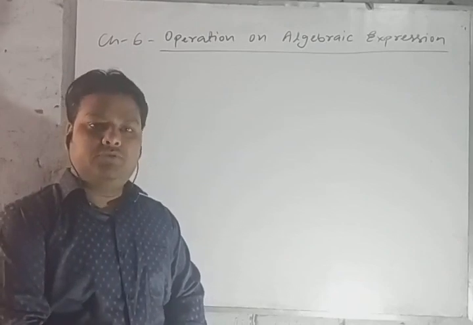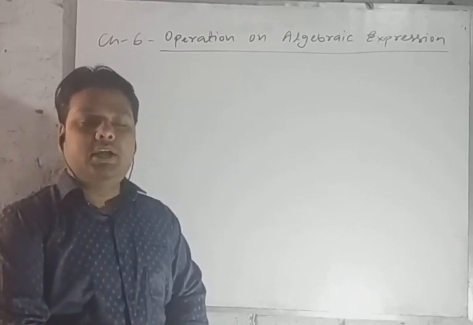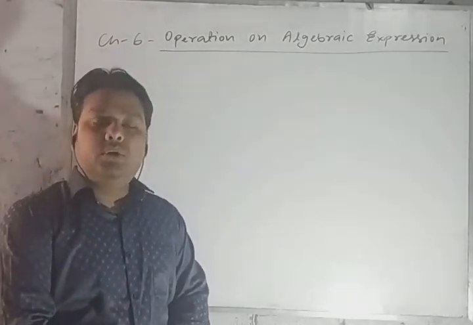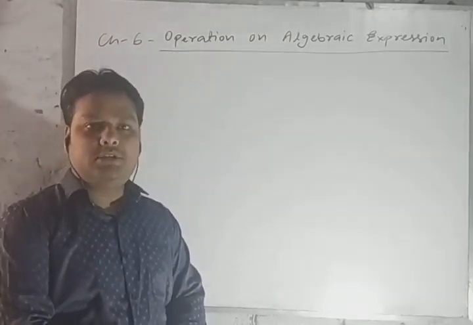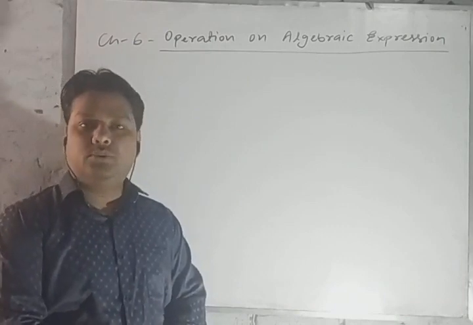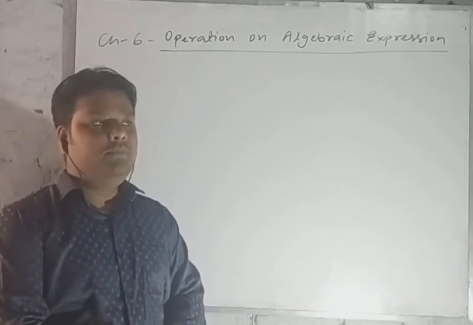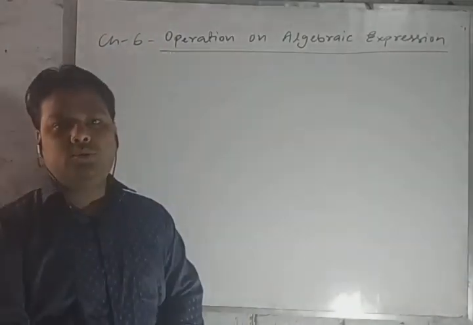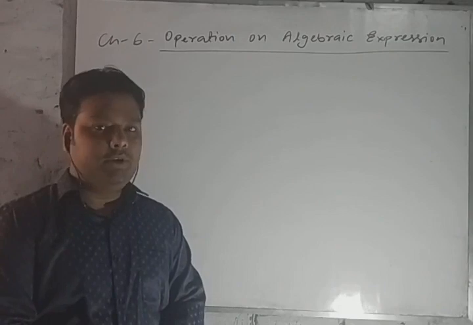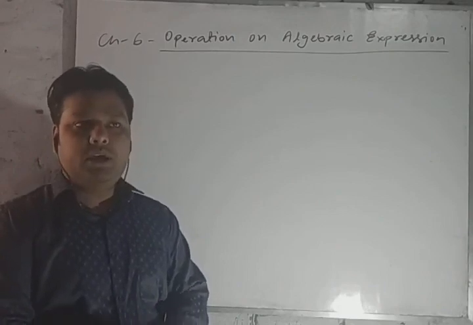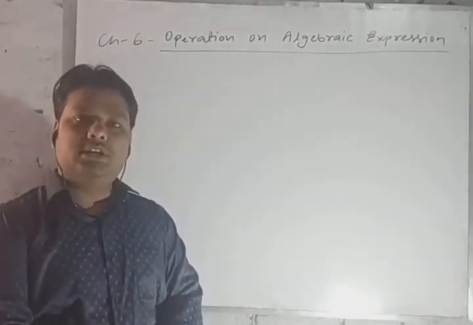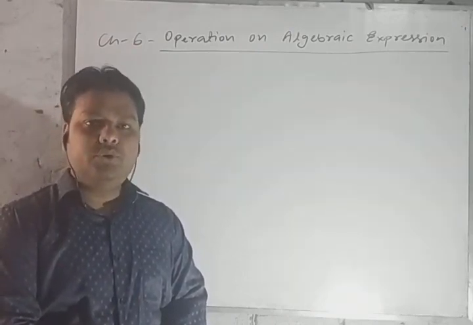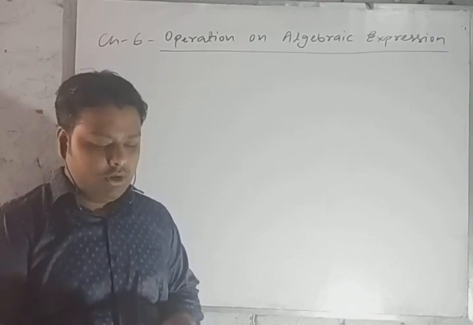I also explained how to add two algebraic expressions and how to subtract two or more algebraic expressions. In the second video, I explained some multiplication rules, that is, how to multiply any two expressions or more than two expressions. Now today we will discuss the rest of the multiplication process of two expressions. Okay dear, so let's start.